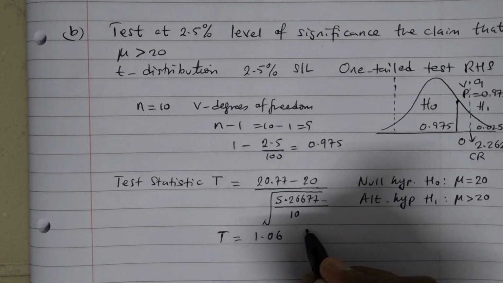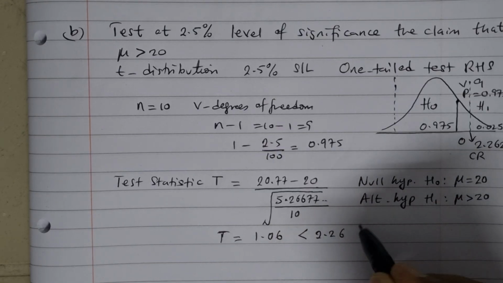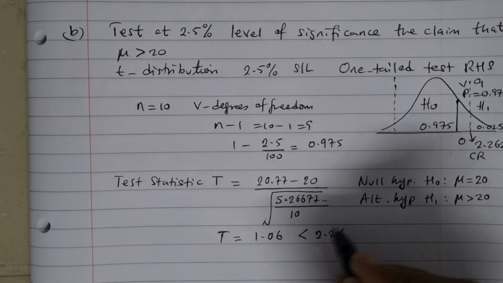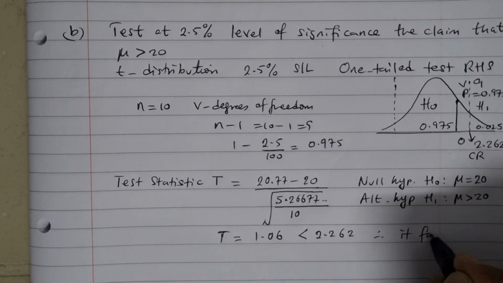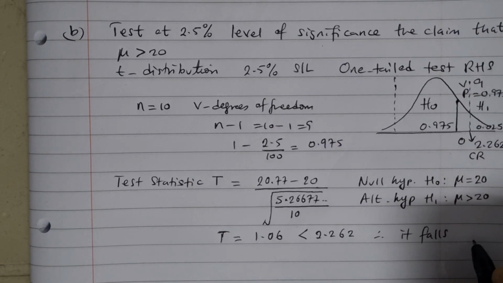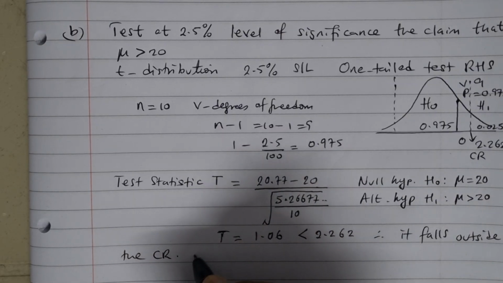Because this one here is less than our value here, 2.262, therefore it falls outside the critical region.